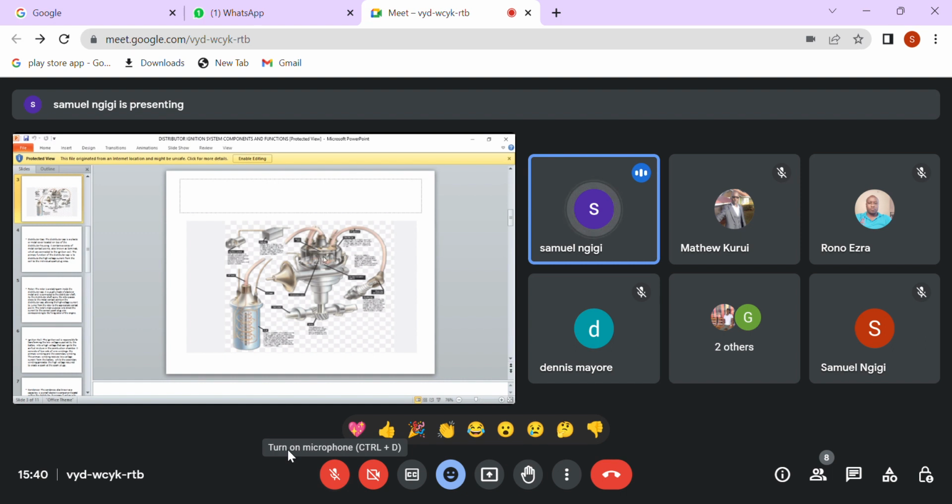So basically, that's how the distributor works. Remember that the primary windings have fewer turns as compared to the secondary windings. The secondary windings have many turns as compared to the primary windings.